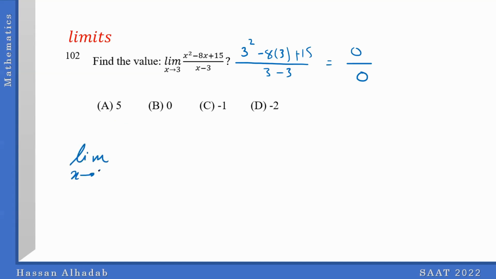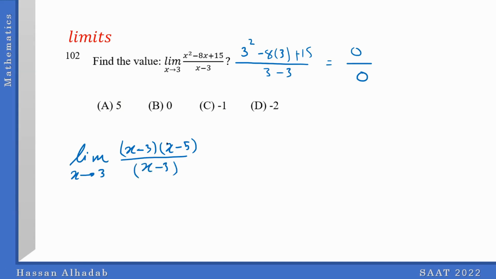X minus 3 and X minus 5. Okay, let's just do it fast. When I factor this one, this is going to be x. The sum of the two numbers is -8 and the product is 15, so 3 and 5. X minus 3, X minus 5 over X minus 3.